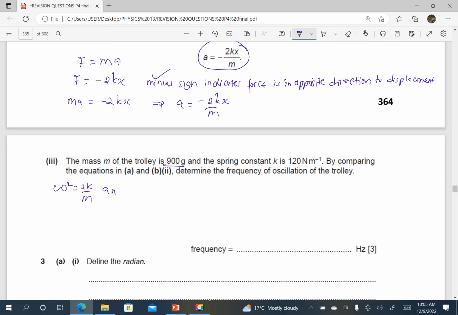Remember, omega is 2 pi f. So (2 pi f) squared is equal to 2k, that is 2 times 120 over m, which m is 900 grams, which is 0.9 kilograms. So I get the square root of 120 times 2 divided by 0.9, and I divide by 2 pi. So f is equal to 2.6 hertz.